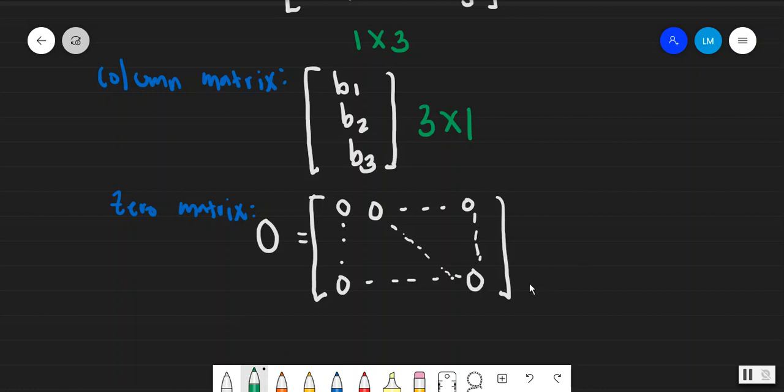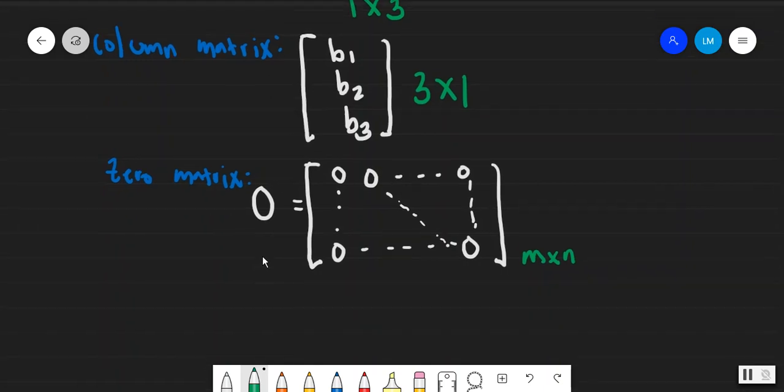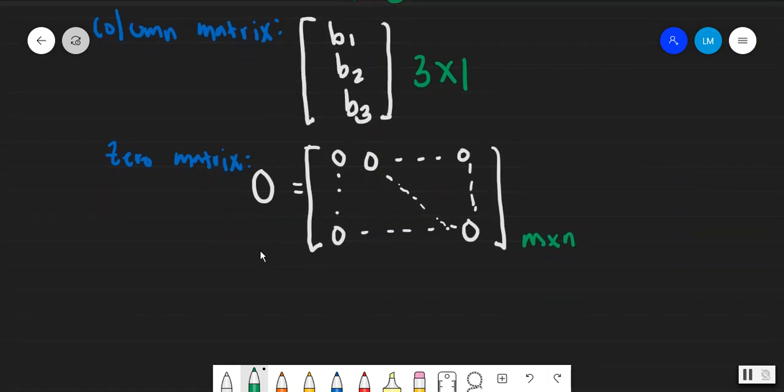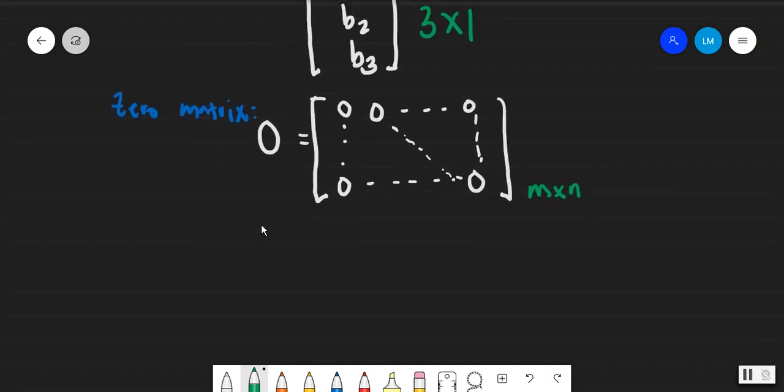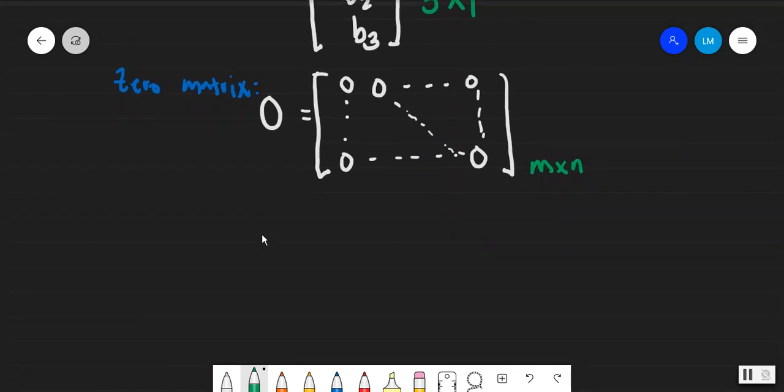So we'll just say, for example, that this is an M by N matrix, only because it actually matters what the dimensions of it might be.